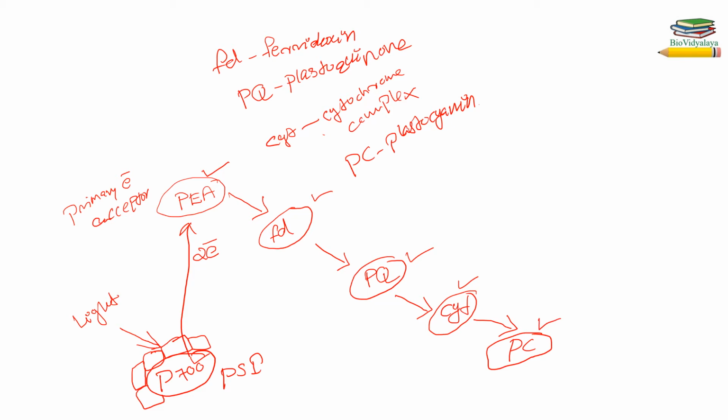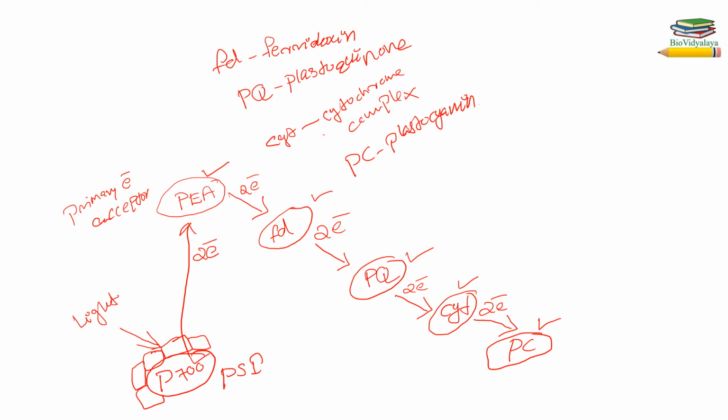First, from the primary electron acceptor, the electron will transfer to ferredoxin. From ferredoxin, two electrons will transfer to plastoquinone. From plastoquinone, two electrons will transfer to the cytochrome complex. From the cytochrome complex, these two electrons will transfer to plastocyanin.